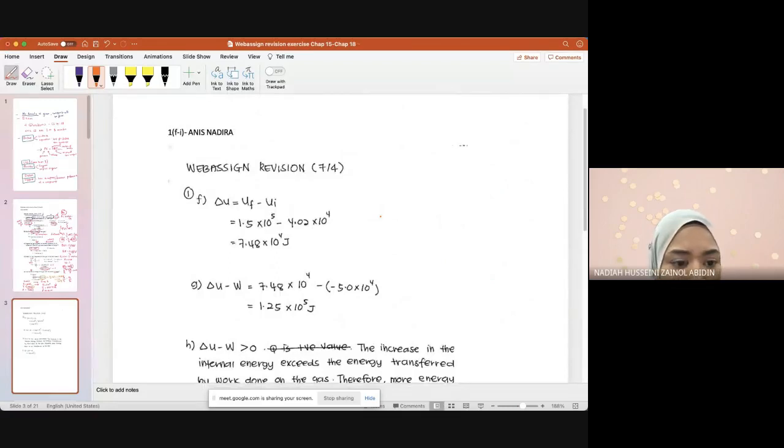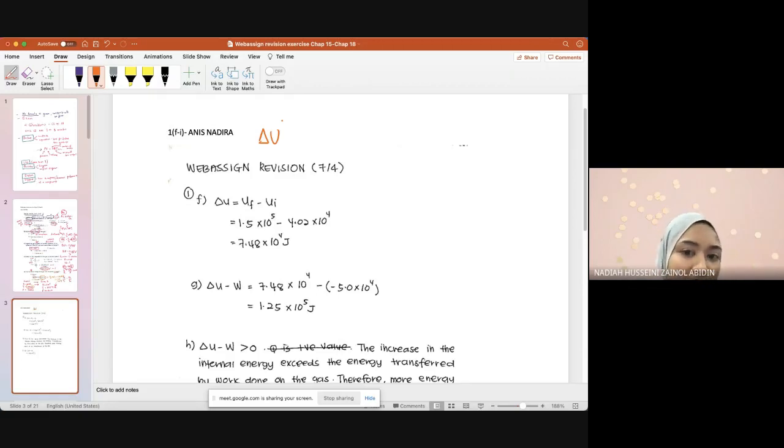Continue with F. The question: compute the change in internal energy during the expansion. So it's asking what is delta U? Earlier it asked for U, so we had to know whether we were talking about state 1 or state 2.